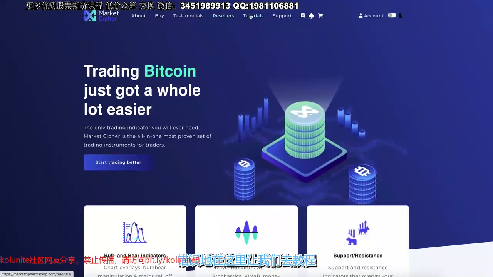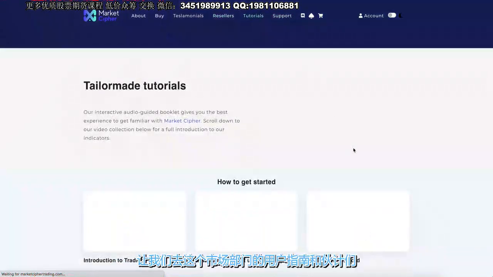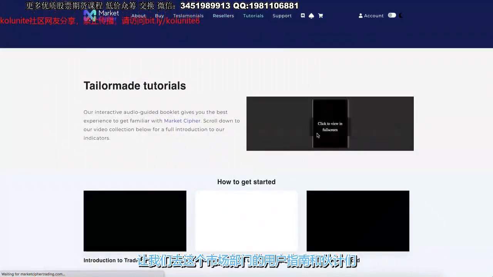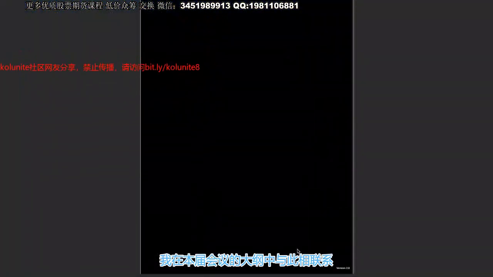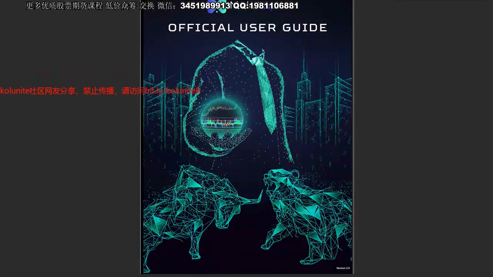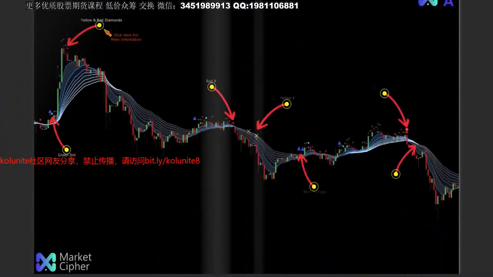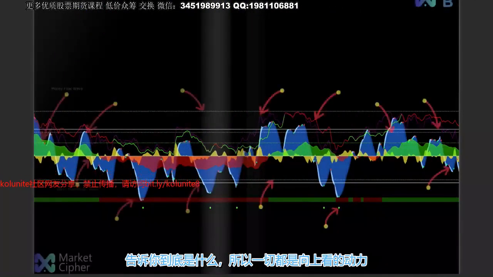Let's go to tutorials. Let us go to this Market Cipher users guide, and guys, I linked to this in the outline for this session. This will give you all the information that you need about these indicators. It tells you exactly what everything is.